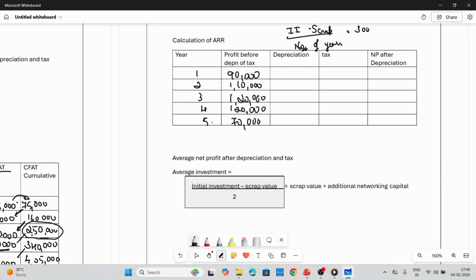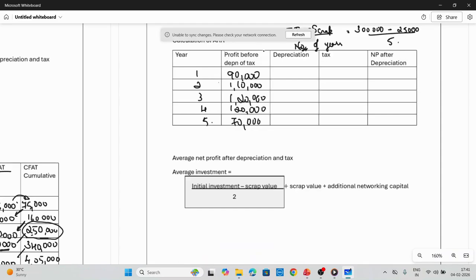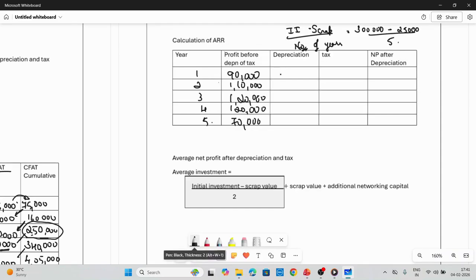It's 3 lakh minus scrap value 25,000, all divided by number of years, it's 5. What's the answer? It's 55,000. Apply same amount for all 5 years.